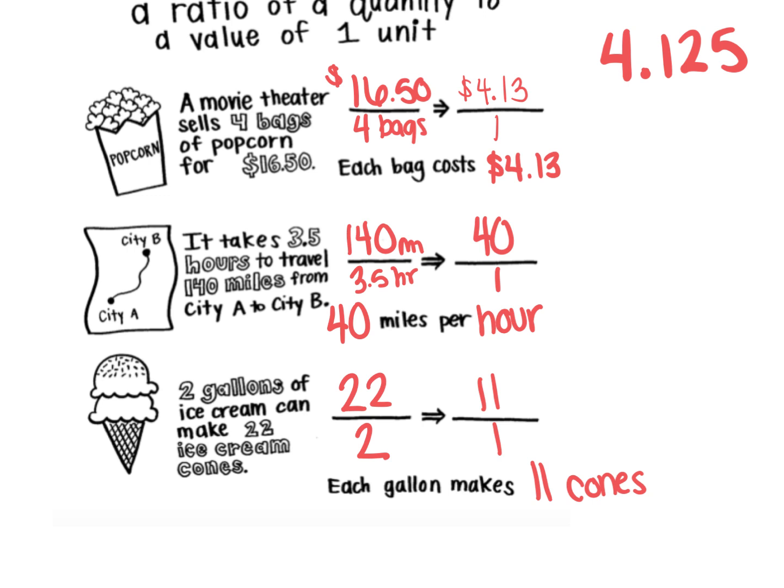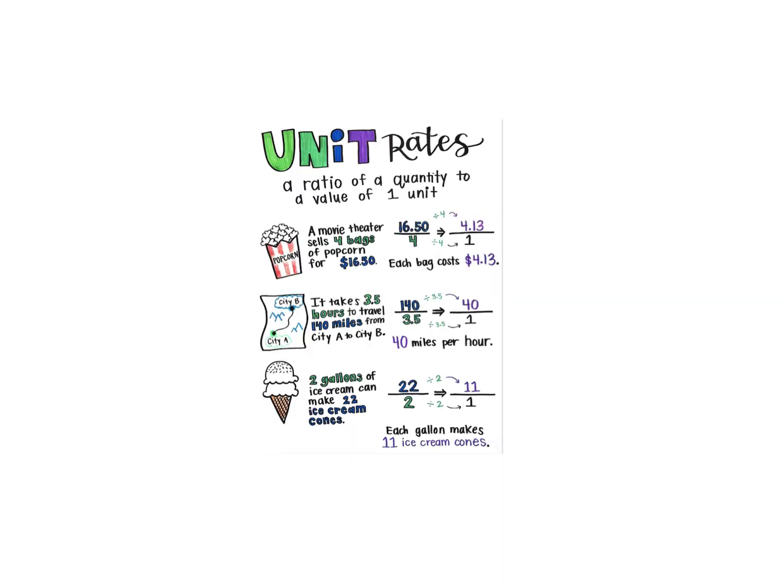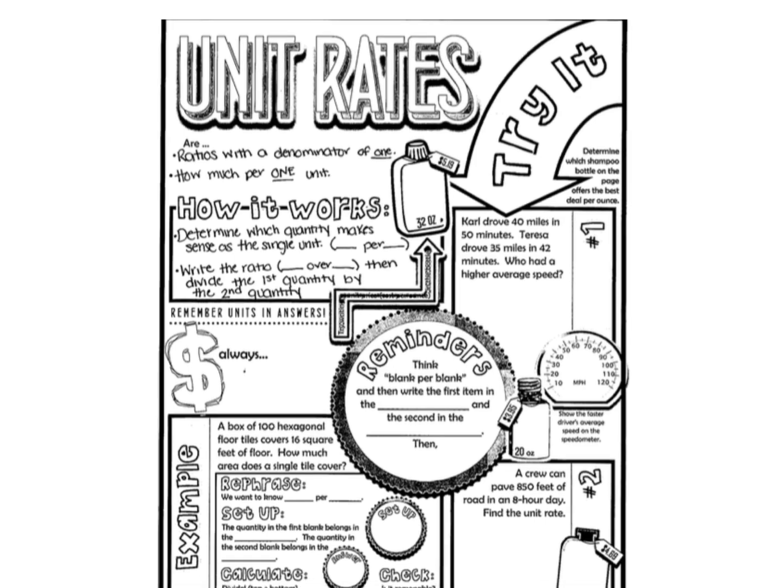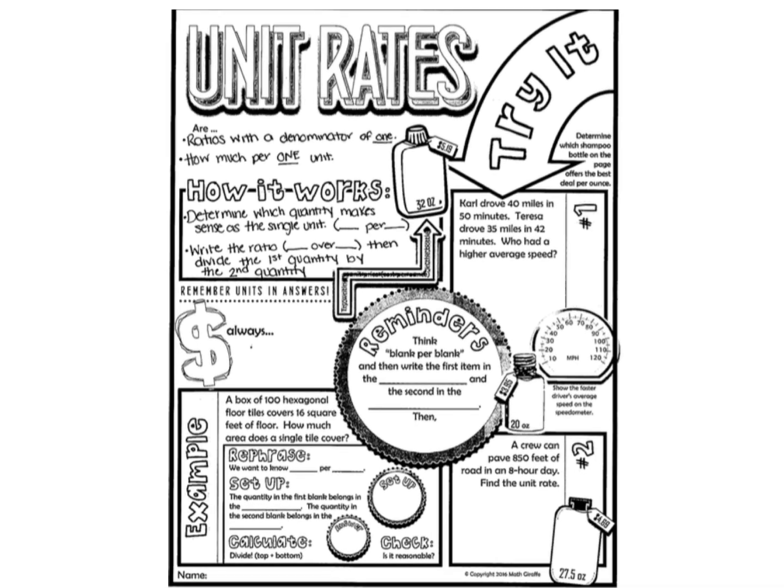Oof. All right. I've got some practice with this, but before we do the practice, we've got one last piece. We're not going to finish this whole foldable. There's a lot going on this last page of your foldable, but I actually filled a lot of it in for you.